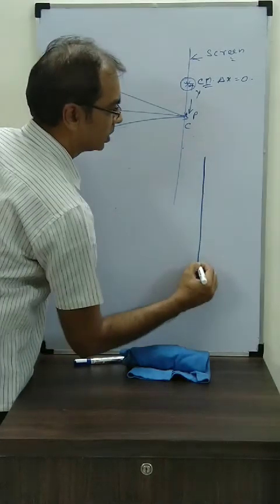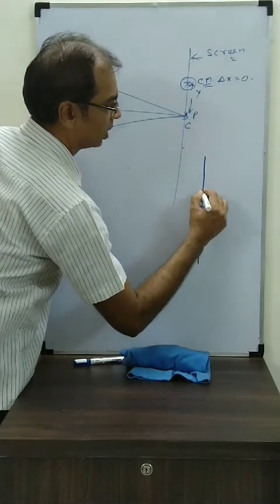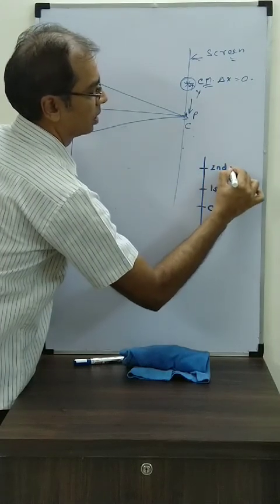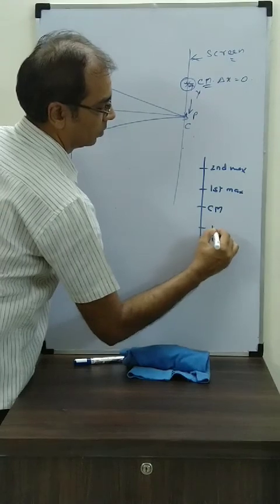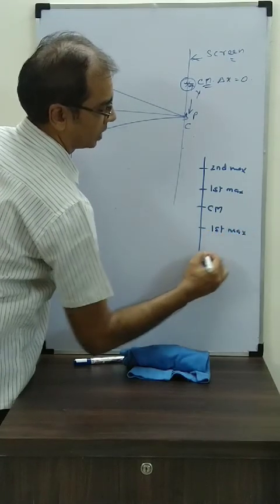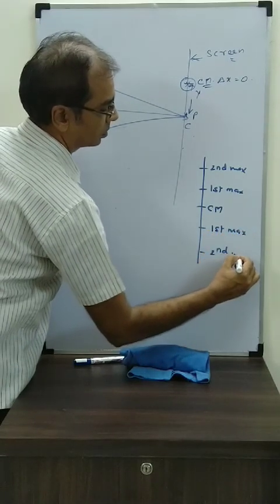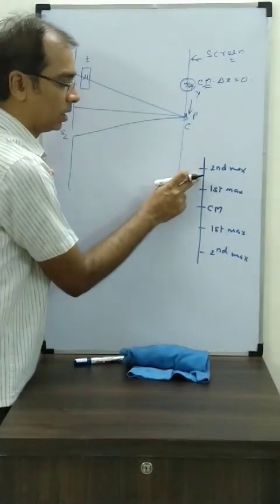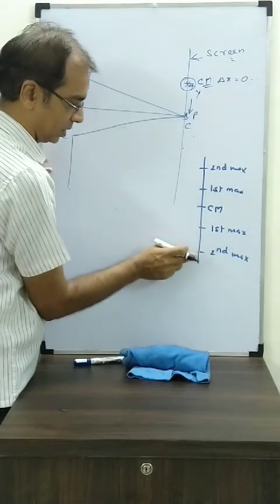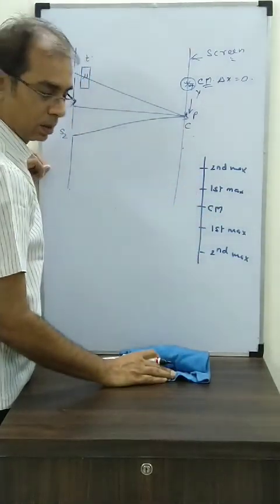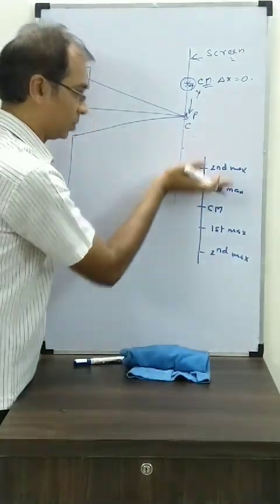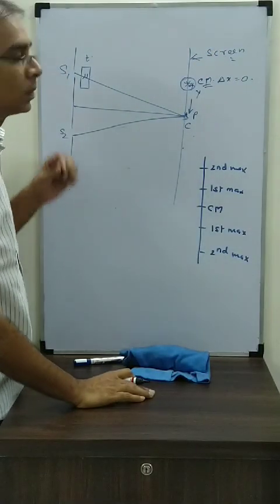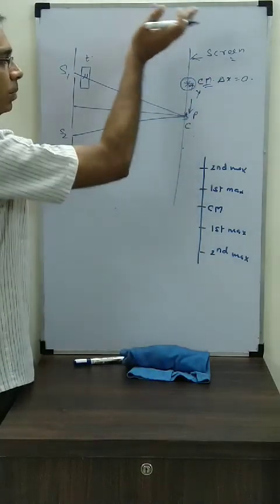Normally, if this is the central maxima, here is the first maxima, here is the second maxima, and the same way below also first maximum and second maximum. Now if this central maxima has gone to this position, does it mean that the first and second maxima have also gone up? Answer is yes. The entire pattern has gone upwards.